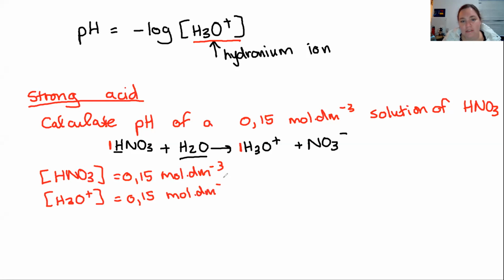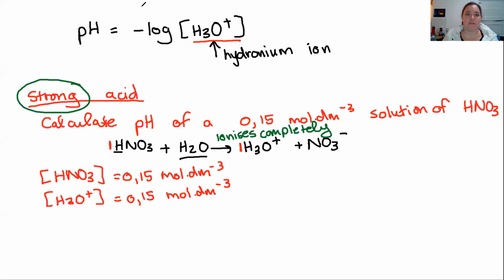The only reason that I could assume that those two would be the exact same value is because it's a strong acid, which means that it ionizes completely. Every single one of the HNO3s will break apart to form an NO3- and an H3O+, guaranteed.